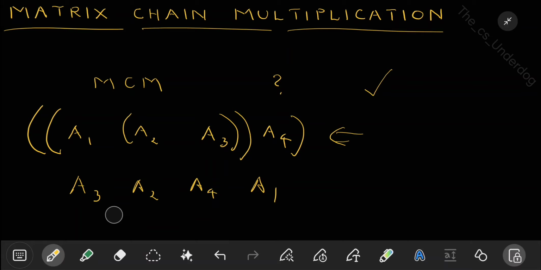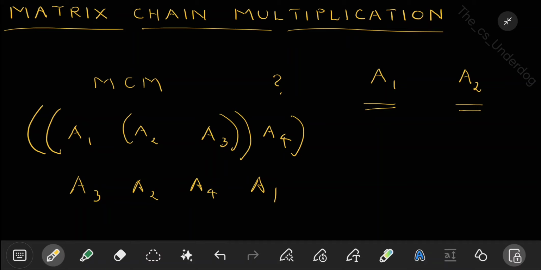The reason is, whenever you perform matrix multiplication, something like A1 into A2, there is a condition to be satisfied. The condition is that the number of columns in A1 should be the same as the number of rows in A2. Only under this condition can you multiply any two matrices.